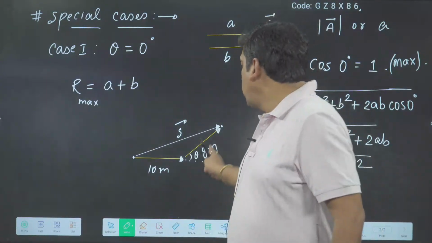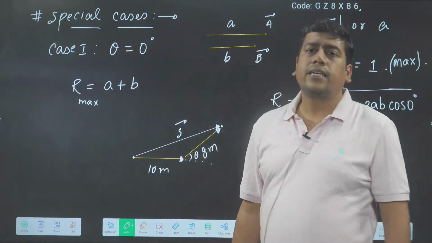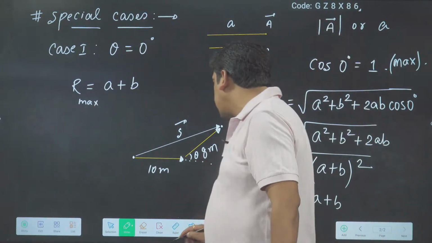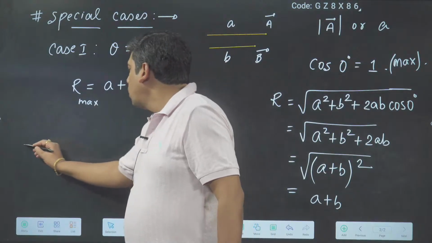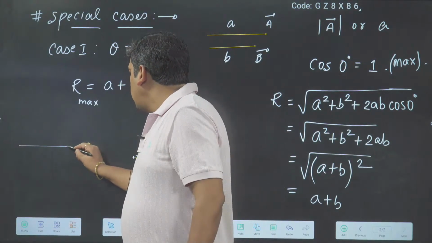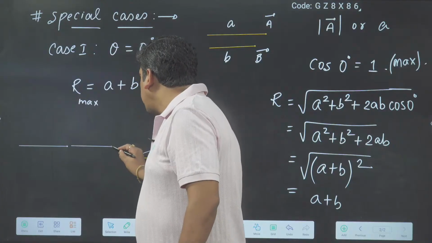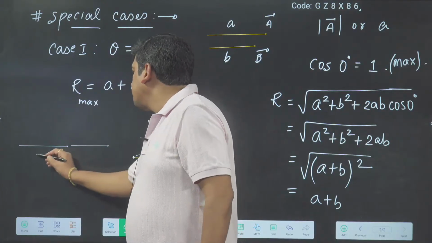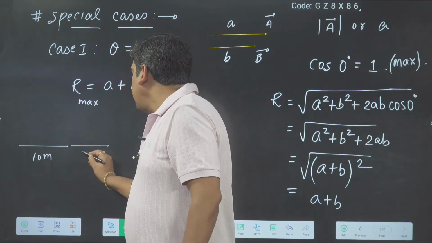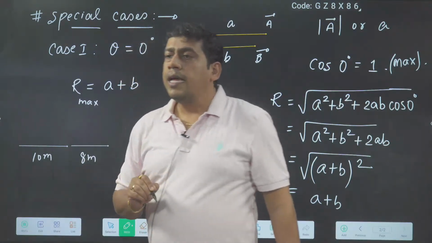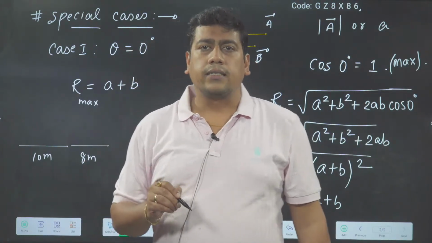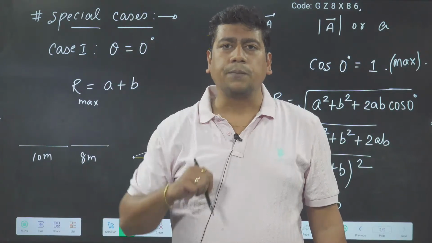So in such questions, vector addition is required. But if I change the question and ask you: the person moves 10 meter and then moves 8 meter in the same direction. What is the displacement?